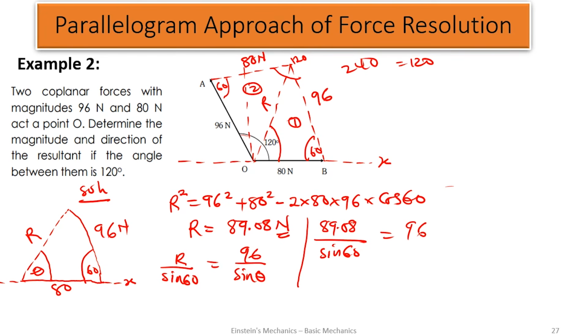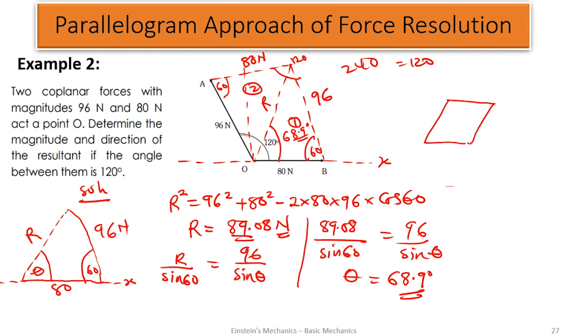We have our 96 over sine theta, and we saw that theta will now be equal to 68.9 degrees. So the resultant of these forces makes an angle of 68.9 degrees with the x-axis, and the magnitude of R is 89.08. It's quite simple.